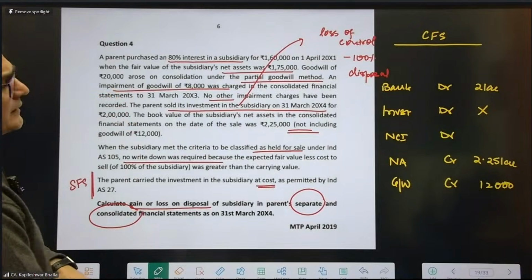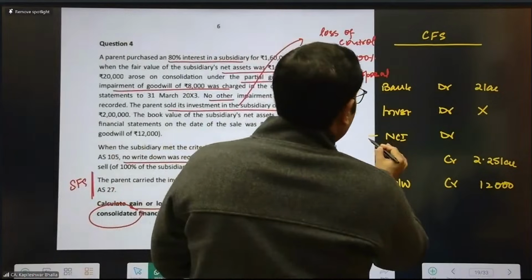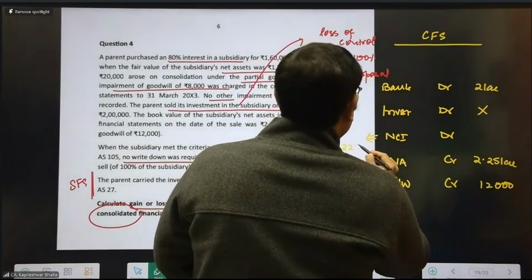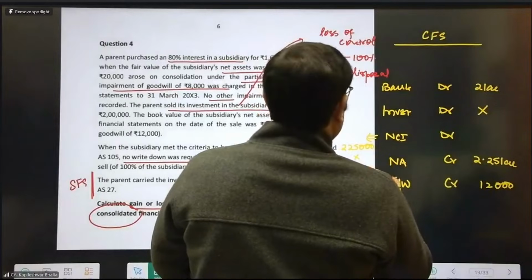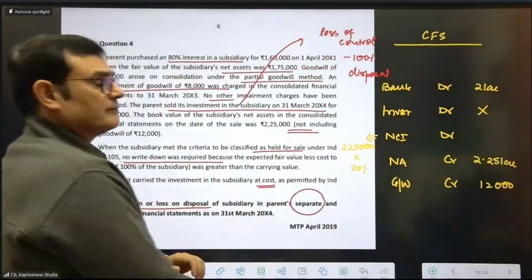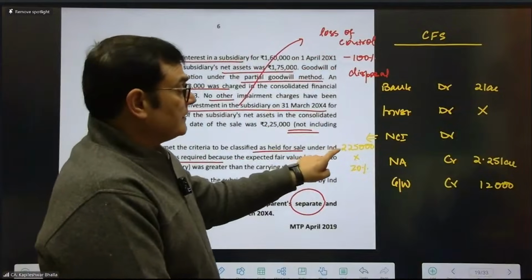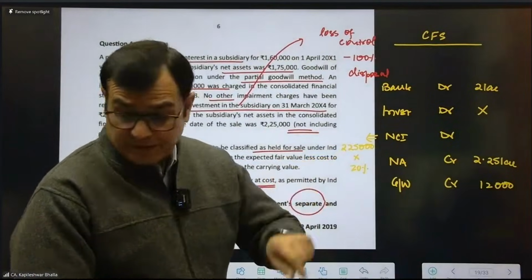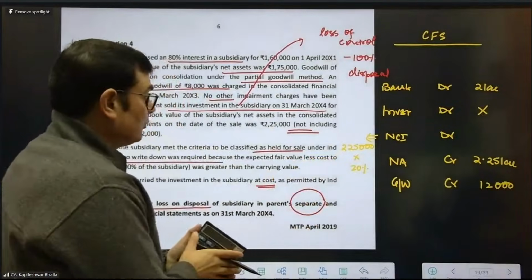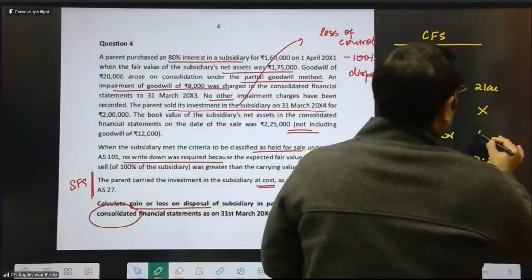So if the NCI is taken at proportionate share, can I comfortably take the net assets on the date of sale, 225, into the NCI of 20%? Since we're looking at the NCI on the date of disposal, this is the net assets without goodwill. Mind you, this is the net assets without goodwill. So we're taking 20% of this. That works out at 45,000.